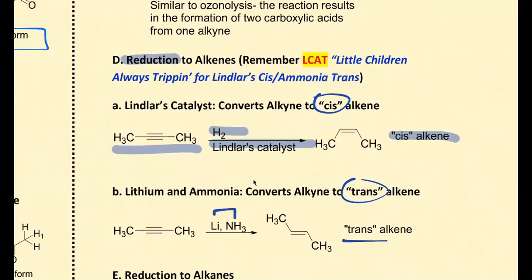LCAT, little children always tripping: Lindlar's cis and ammonia trans, LCAT. If you get that mnemonic down, then when you see the reagents, you'll be able to distinguish between the two reactions, because one of them is going to give you a cis alkene, the other one is going to give you a trans alkene. Right? So Lindlar's is cis, ammonia is trans.